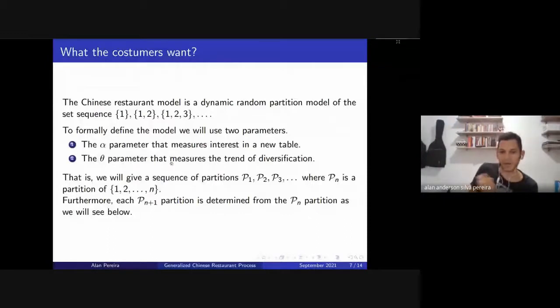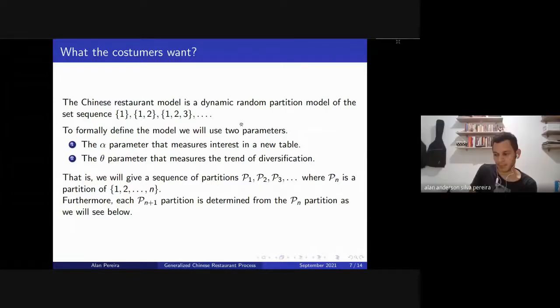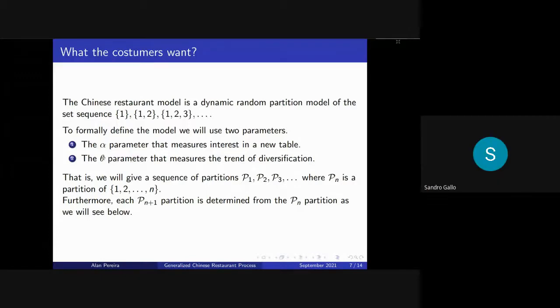This theta will help people not take the same big table every time. Does it make sense? You mean theta helps people wanting to go to big tables? No. It helps them not necessarily go to big tables. Okay.